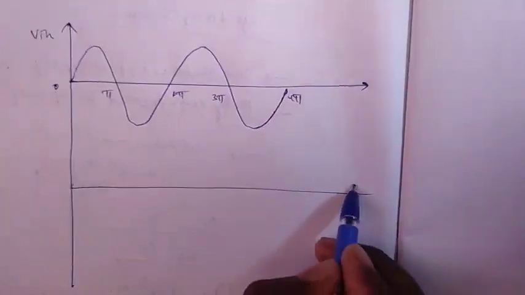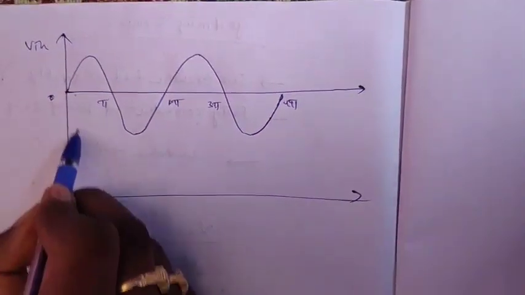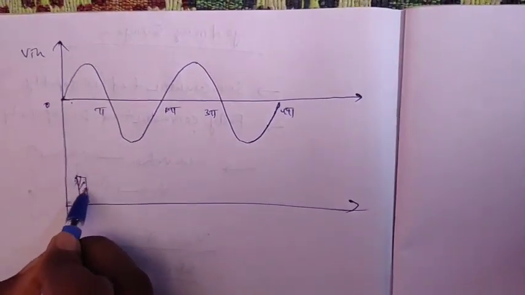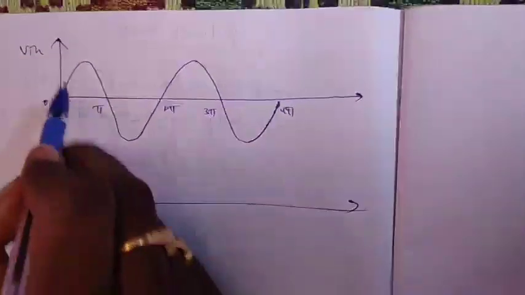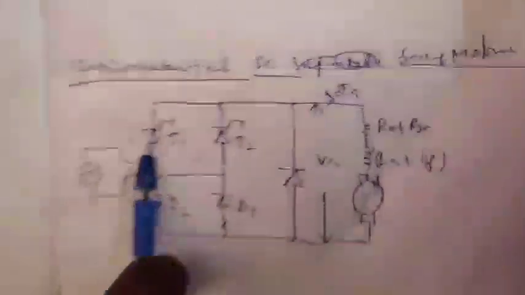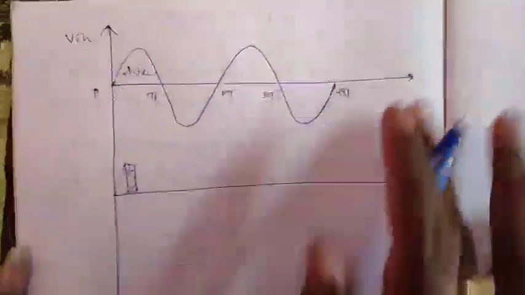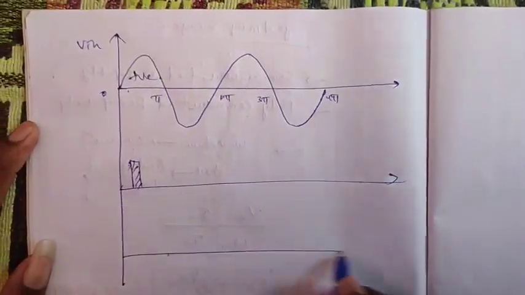During this positive half cycle, thyristor T1 and D1 are forward biased but in blocking mode, until you give the firing angle alpha.